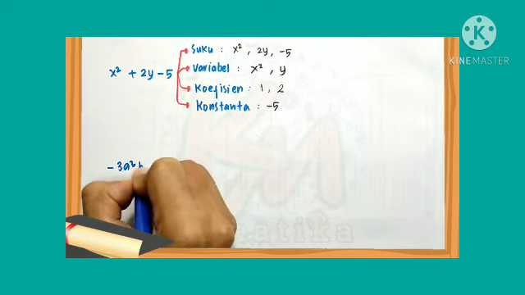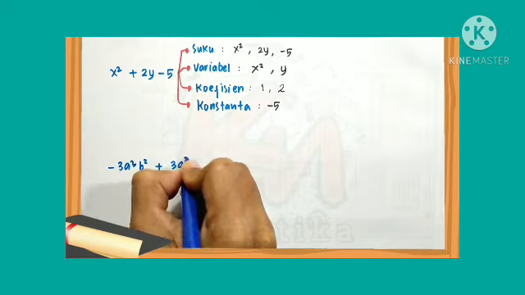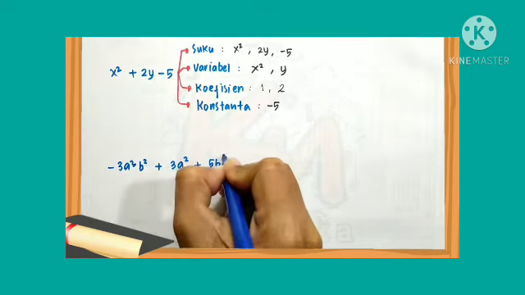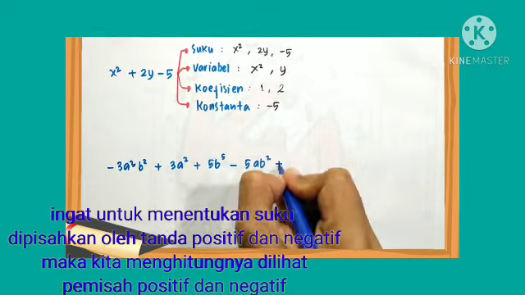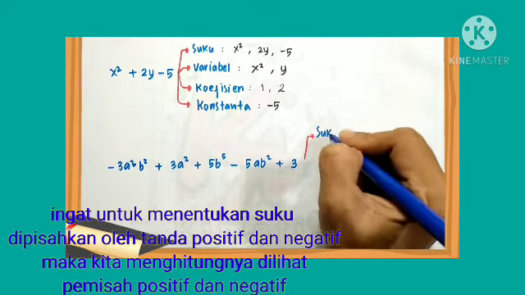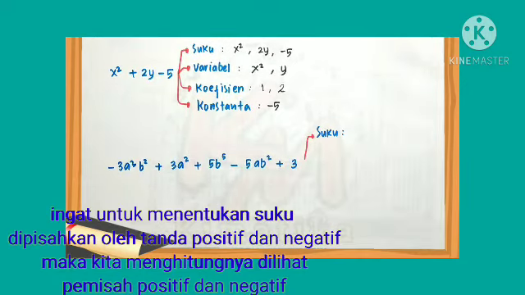Look at number 3, for example: minus 3a power 3 b power 2 plus 3a power 2 plus 5b power 5 minus 5ab power 2 plus 3.